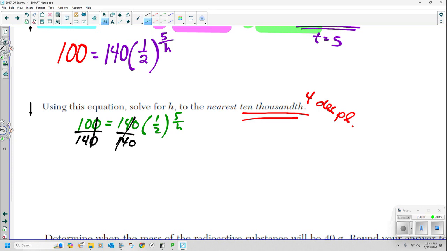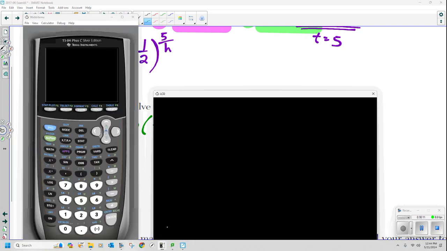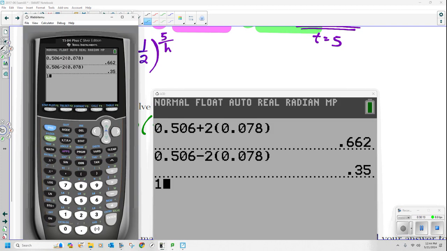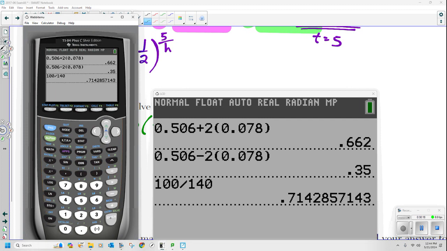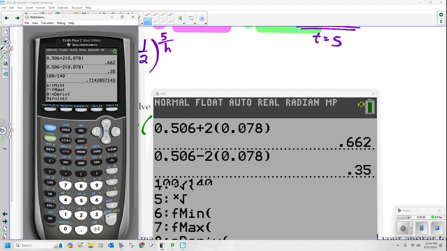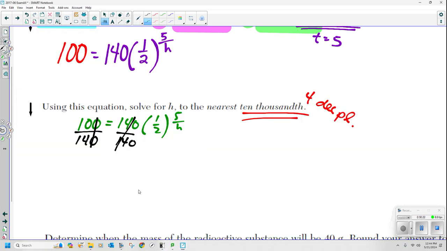Zeros go away. We'll leave it a fraction for now. Let's see if it comes out something nice, a nice decimal. 100 divided by 140. It does not. So we'll just do math, enter, enter, reduce that. It's 5 over 7.